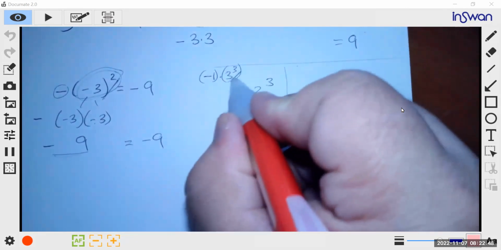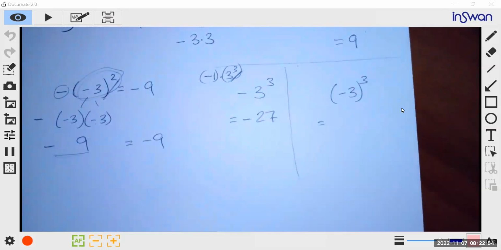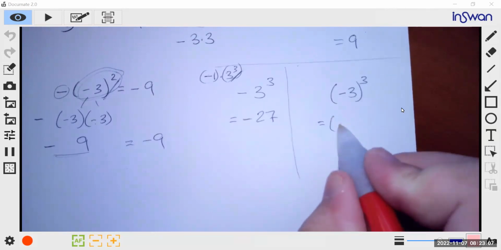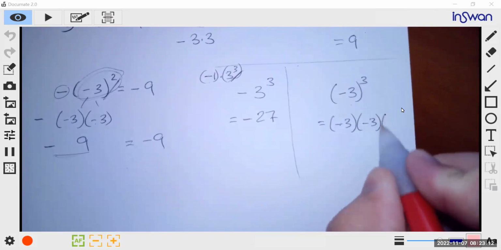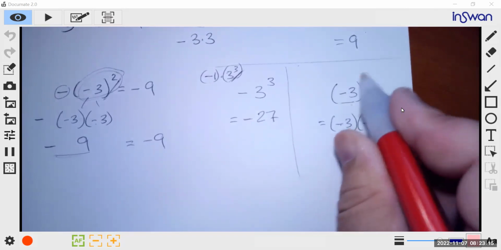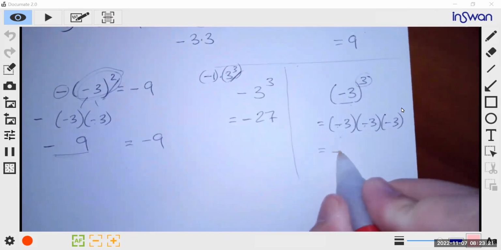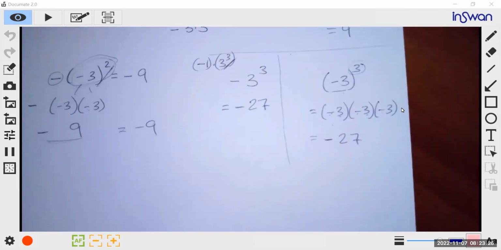Order of operations says do exponents first and then multiply. So this one is negative 27. How about this one? Yeah, because what this thing says, it's negative 3 times negative 3 times negative 3. Negative times negative is positive, times negative is negative. 3 times 3 is 9, times 3 is 27. They're both negative 27s.